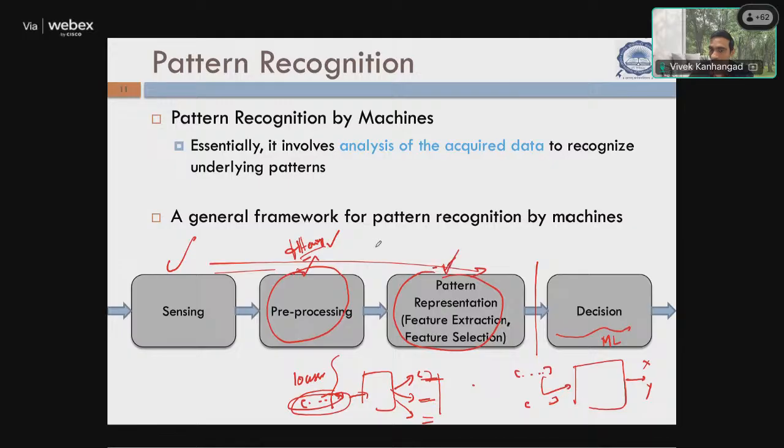Similarly, even after enhancement, if you have a face image and you have to compute these features, you have to identify landmark points and distances between them. All this will require signal and image processing expertise.